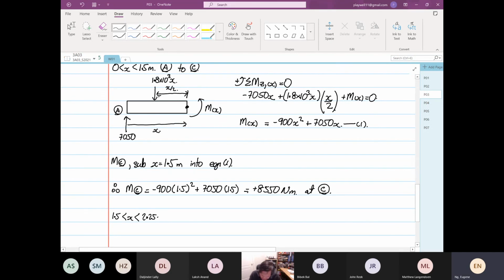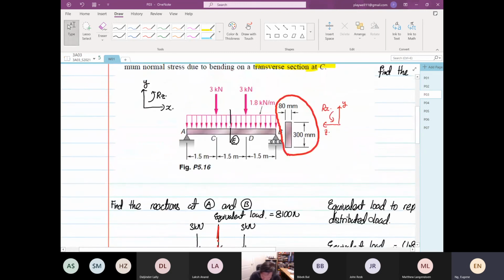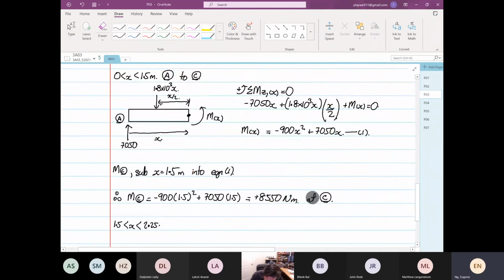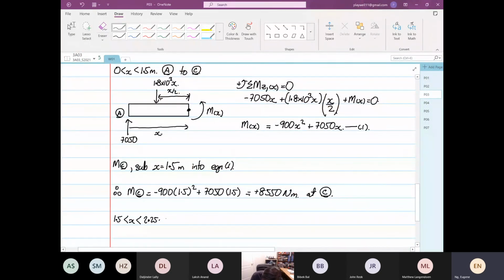Just to recap the diagram, this is between point C and point E. So the equation will change slightly.